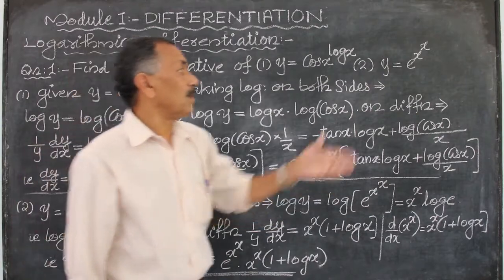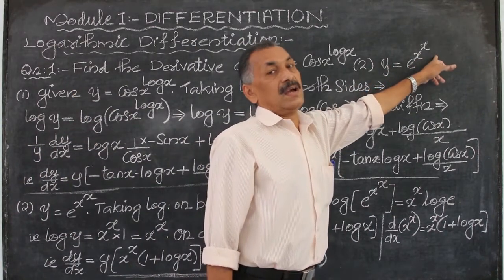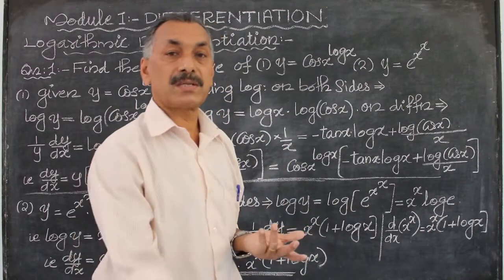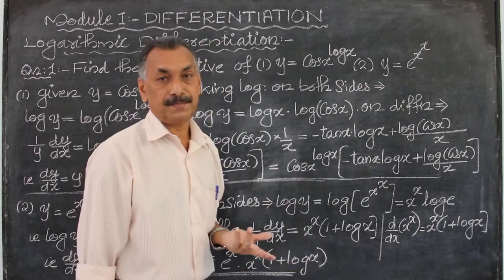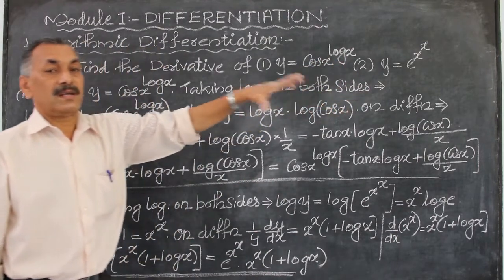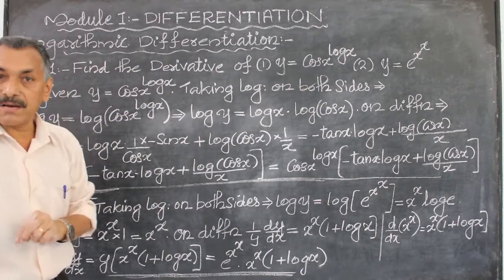Find the derivative of e raised to x raised to x. If it were given only like that, we would write let y is equal to e raised to x, and then find dy by dx. But here the exponent is again a function, so to find the derivative we consider logarithm.